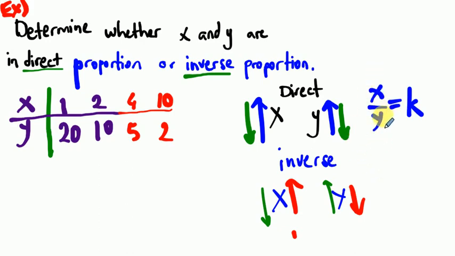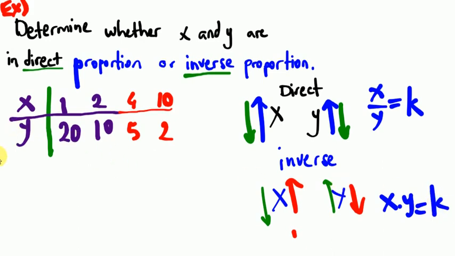What about if they are in inverse proportion? The connection will be x times y will be a constant number.